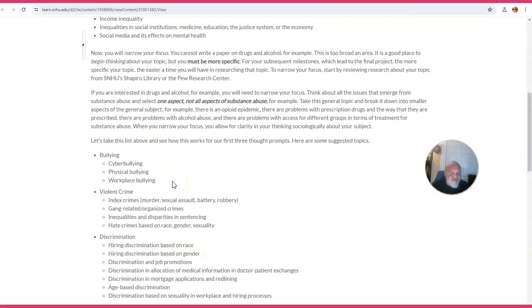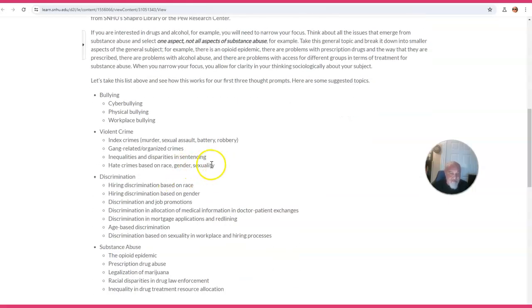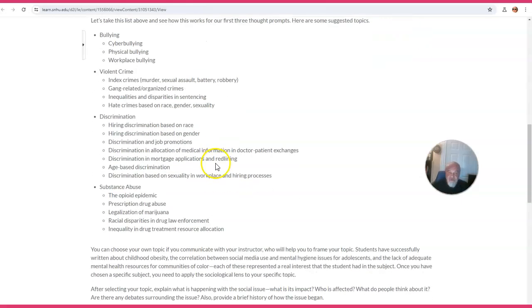You cannot just write a paper on bullying. It's too broad a subject. Violent crime. That's murder, sexual assault, battery, or robbery. Gang-related or organized crimes. Inequalities and disparities in sentencing, and hate crimes. Those are examples if crime is your interest.